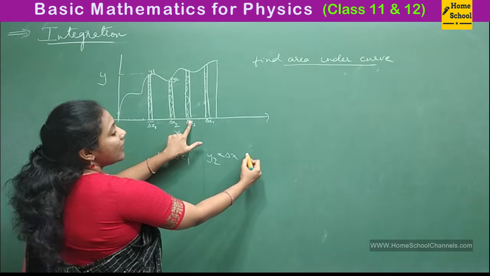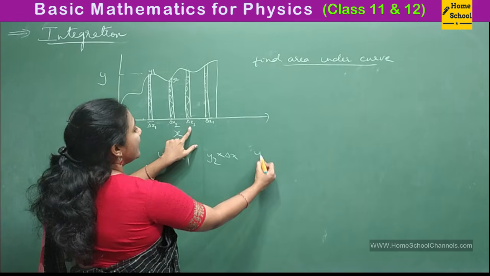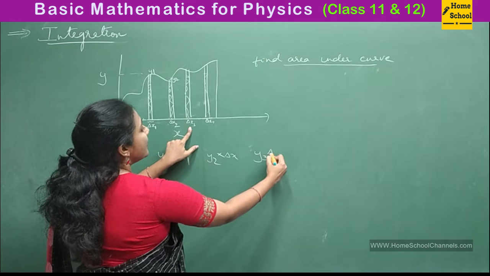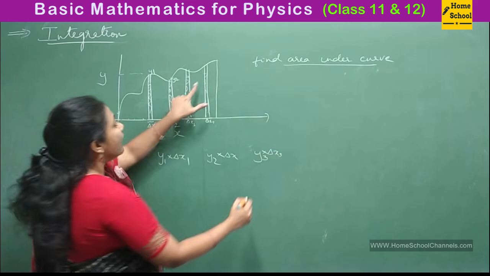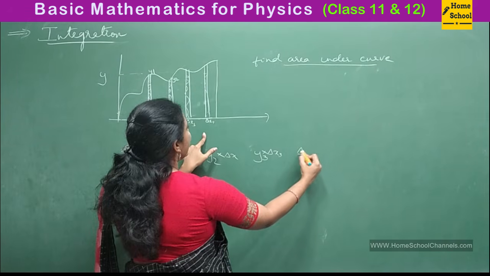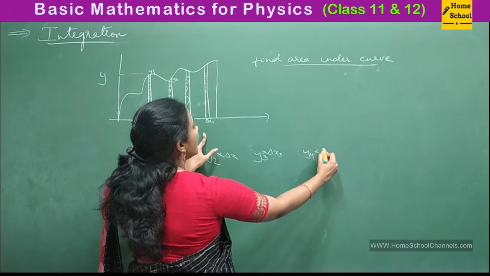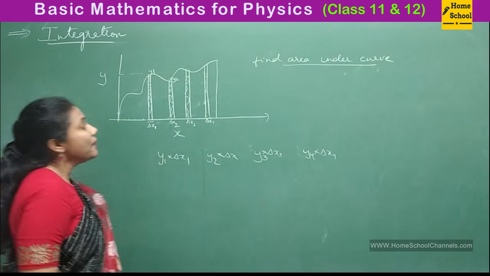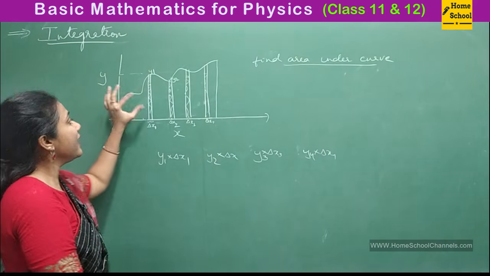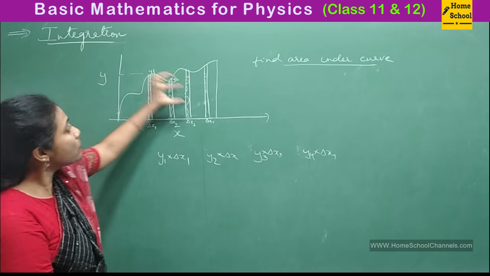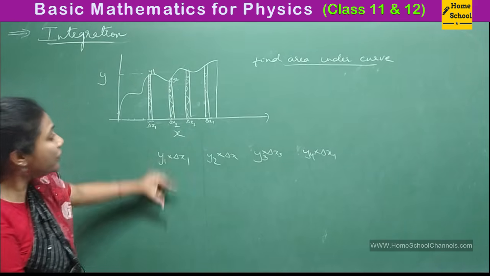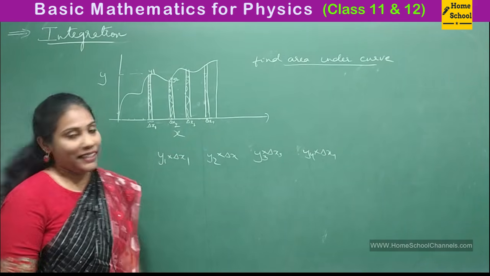And this is my third rectangle and I will find the area as y3 delta x3, right? Fourth rectangle, I will find its area as y4 into delta x4, like this. So the entire region I can divide into small strips and individually I can find the area.